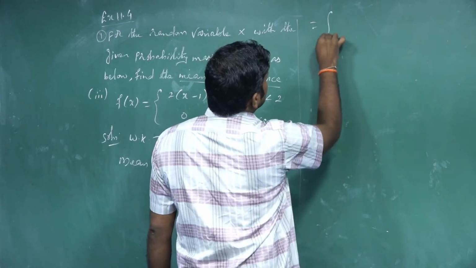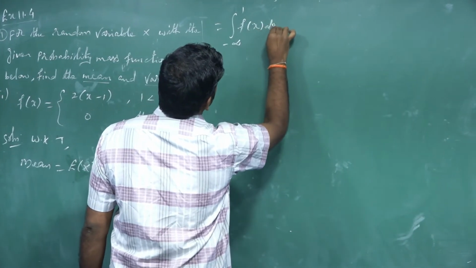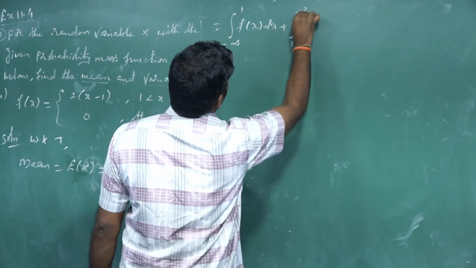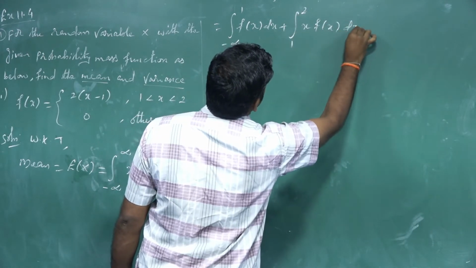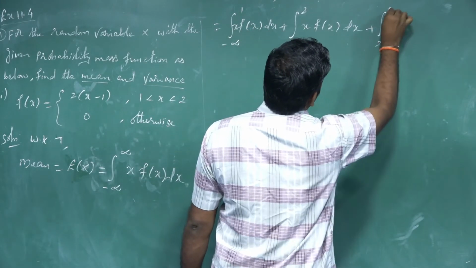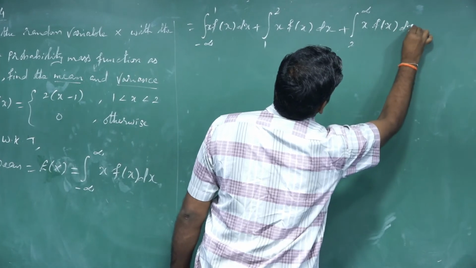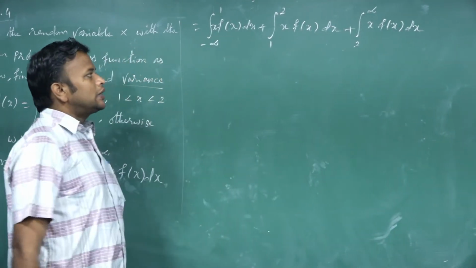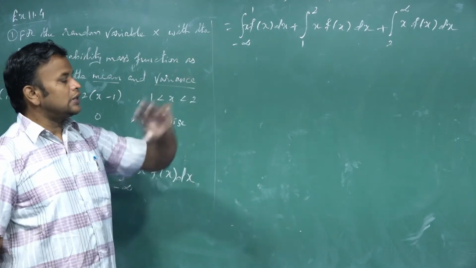I split the given integral as minus infinity to 1, x into f of x dx, plus 1 to 2, x into f of x dx, plus 2 to infinity, x into f of x dx. I split the single integral into 3 integrals.